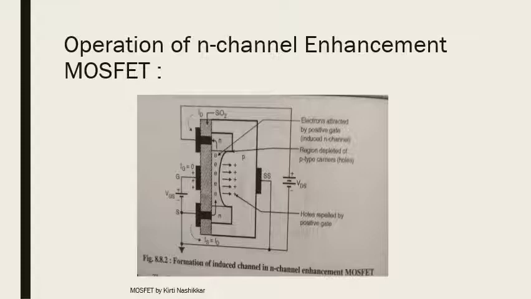Okay, now here you have to note that VGS and VDS, both of them are positive. Now as we are applying positive voltage to the gate, it will tend to repel the holes present in the p-type substrate, which is shown in the figure itself. Here, because we connect the positive supply, the holes in the p-type substrate are getting the positive supply, so that's why they are repelling from the gate terminal.